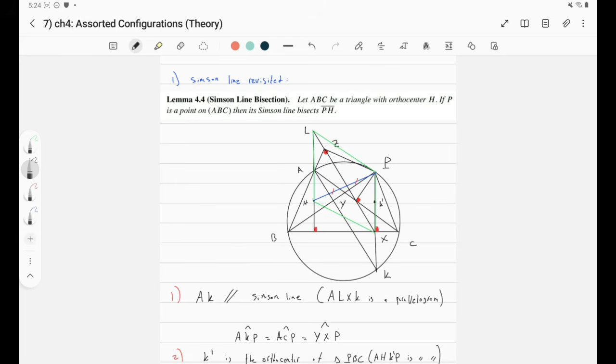Each one of these will appear in many geometry problems, and you'll really have to remember these, keep them in your mind, and of course solve as many problems from the exercises as you can, so that you know how to apply them basically.